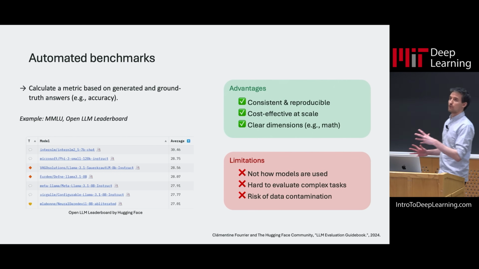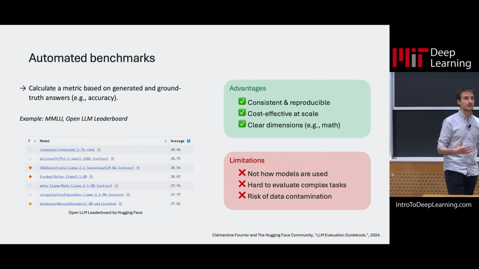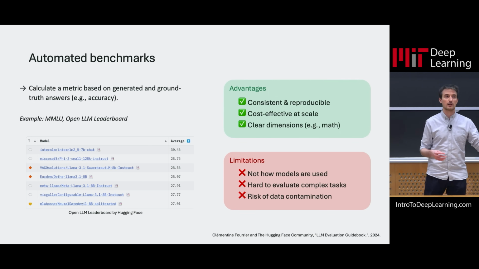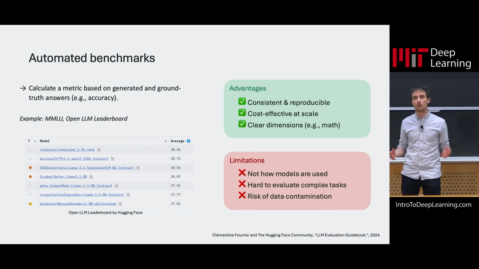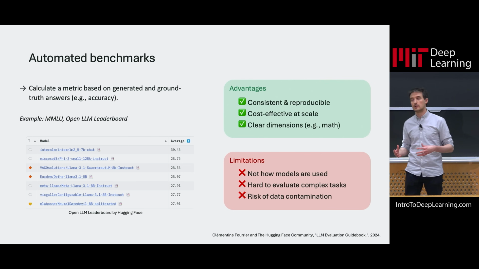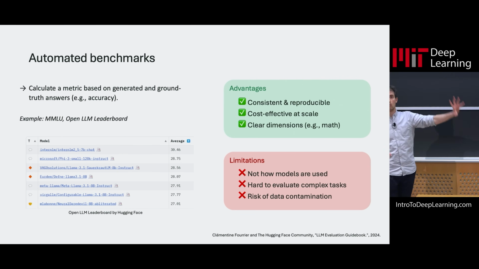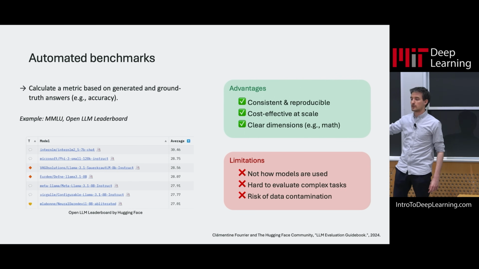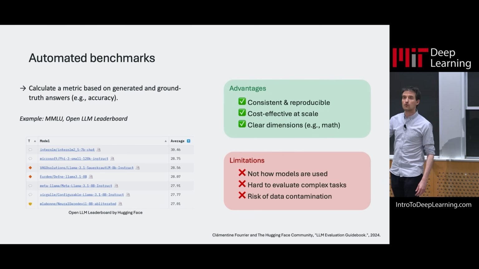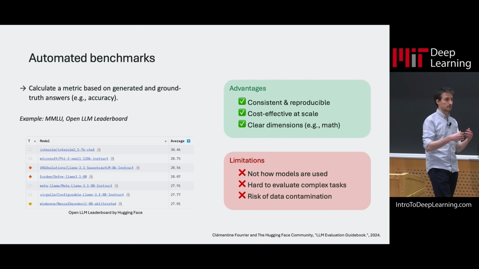So the first type of evaluation is automated benchmarks. If you know about MMLU, this is a classic example. If you know about the Open LLM leaderboard, it also uses automated benchmarks. The idea is that you have a data set, with samples, and you have a metric. For example, with MMLU, the samples are questions about anything.